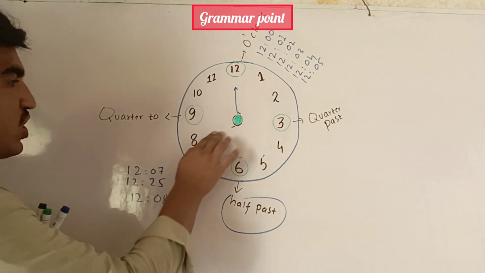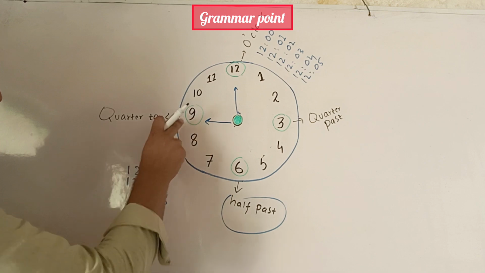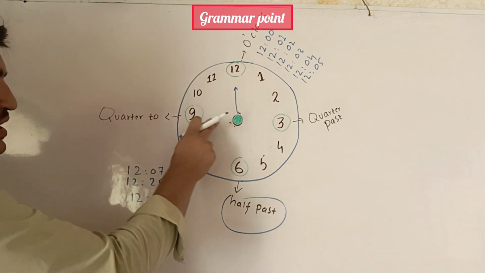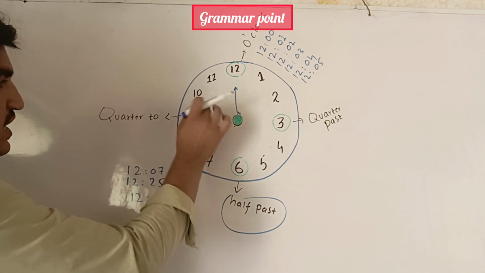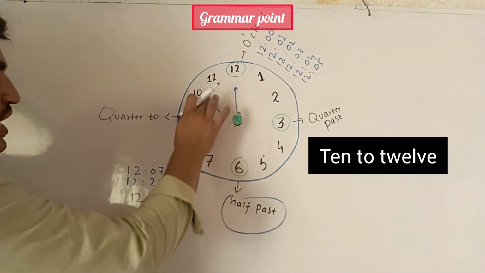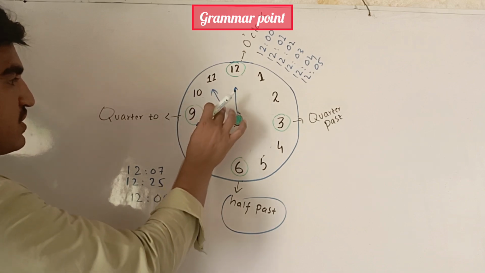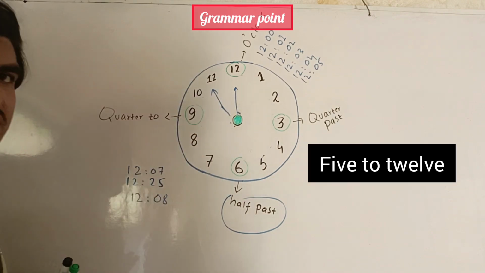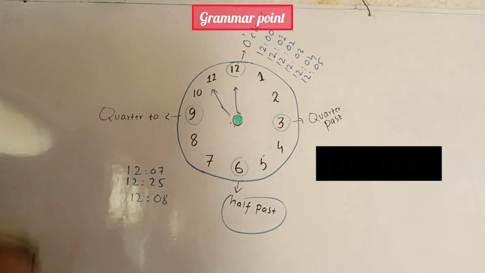If the large needle is on this point, it's quarter to 12. Similarly, if it is on this point, it is 10 to 12, and if it is again on this point, it is 5 to 12, and again it is 12. So this is a cyclic chain. Hope that you get it.